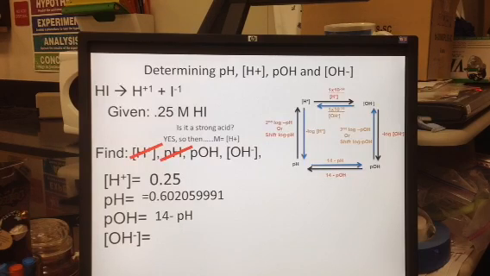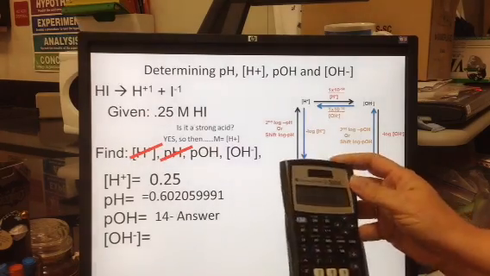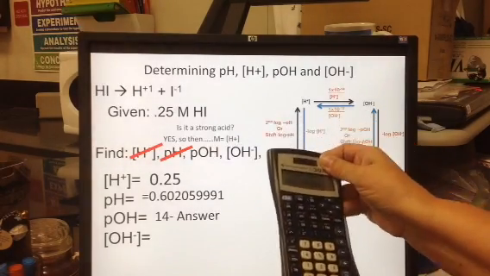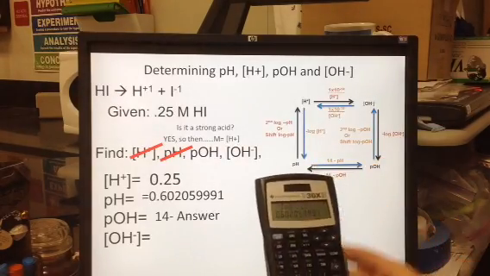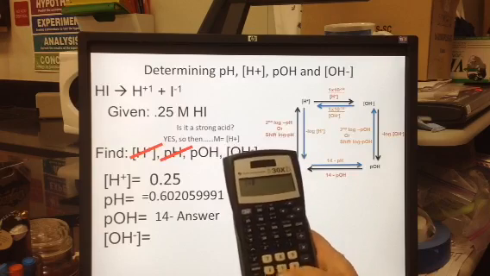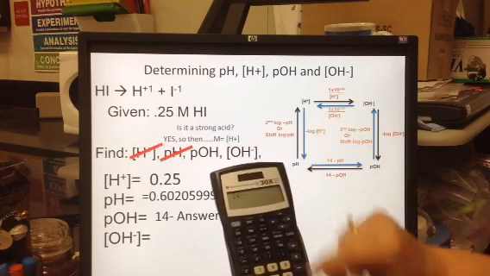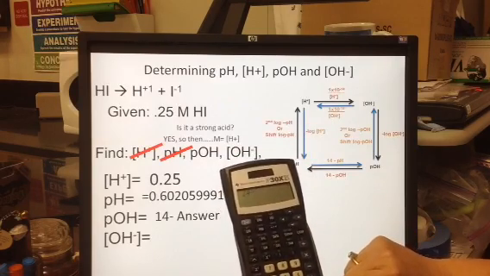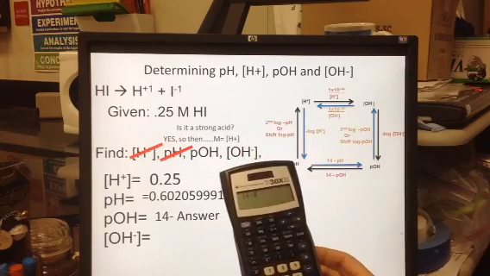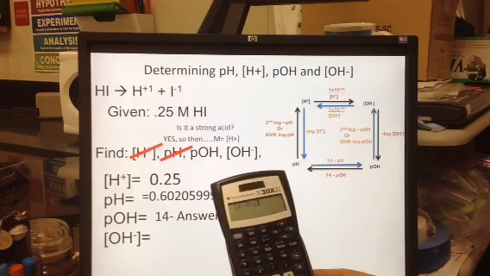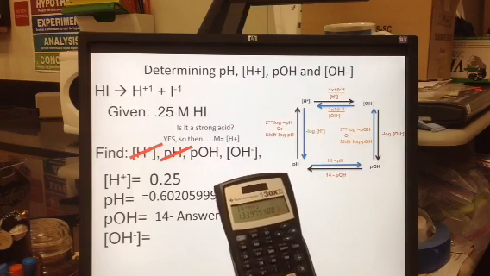So really what that is, is 14 minus my answer. My answer that's showing right now in this calculator is the pH. So I want to do 14 minus, and on this calculator the answer is above the negative sign, so I have to access second and the negative sign. That's my answer. It would be the equal sign then.